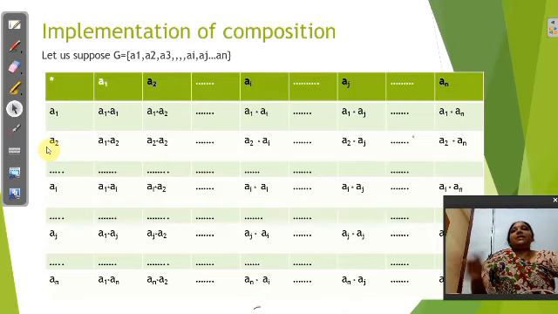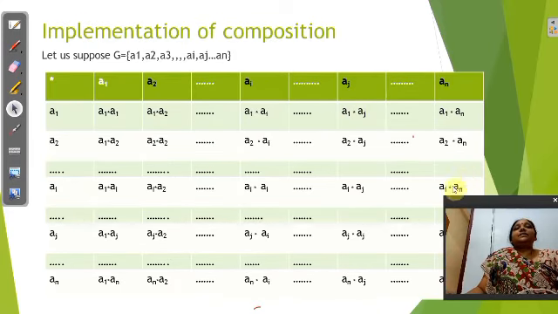Next I am multiplying with a2: a2 into a1, a2 into a2, a2 into ai, and so on, a2 into an. And later I am multiplying with ai: ai into a1, ai into a2, ai into ai, and so on, ai into aj, and later ai into an, which means I am multiplying all these elements with each other.